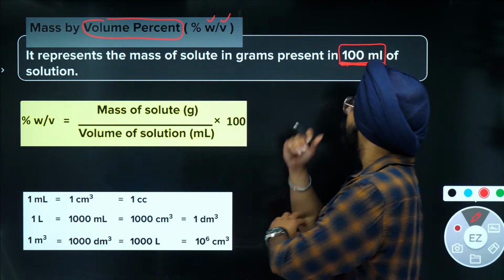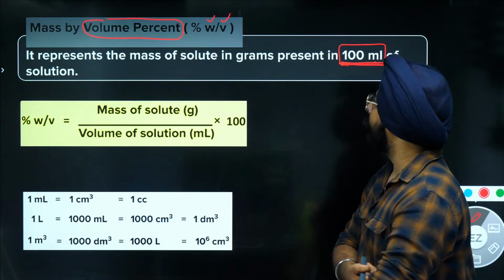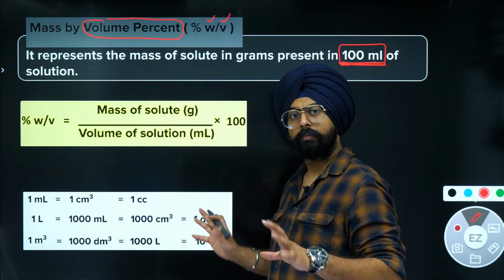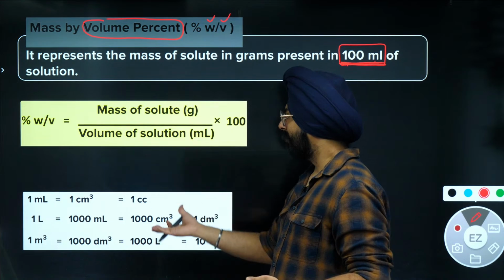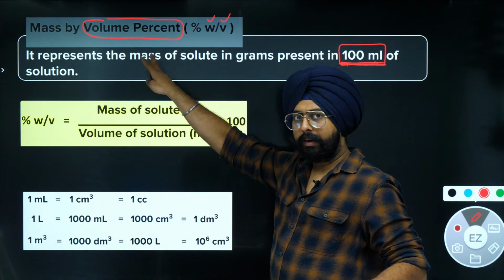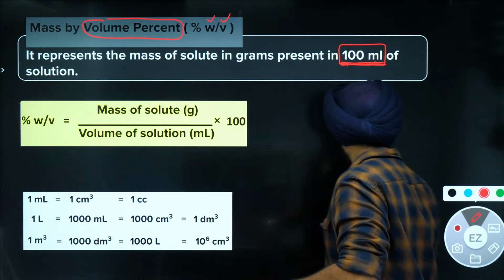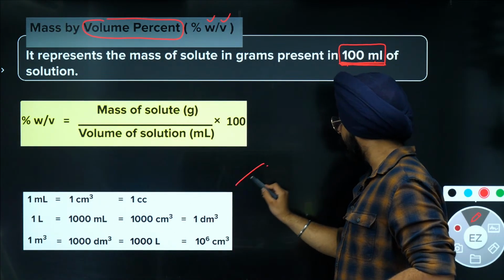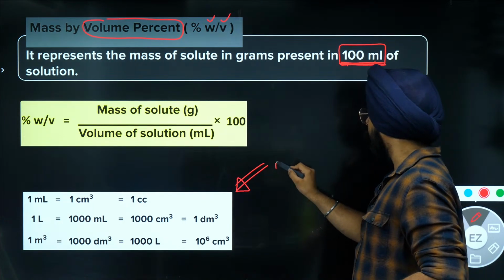So it represents the mass of solute in grams present in 100 milliliters of solution. Same jazz. Again, no need to remember this formula. When we'll solve questions, we'll understand this better. But what you have to note down is this: volume conversions.